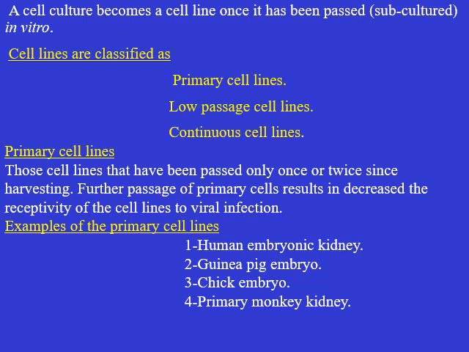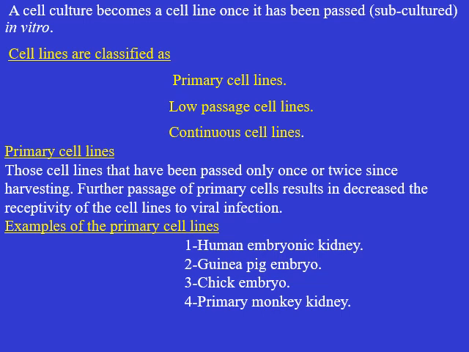Cell lines are classified as primary cell lines, low passage cell lines, which we can also call secondary cell lines, and the continuous cell lines.